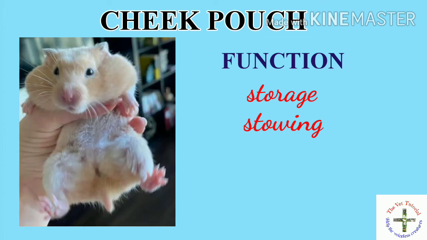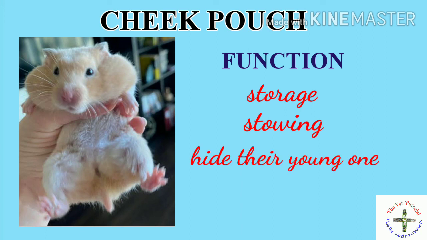They attain a considerable size in hamster, reaching well onto the thorax. When developed to this degree, the pouches have their own supporting musculature, and the female of some species of hamster are known to hide their young in their cheek pouch to carry them away from the danger place.